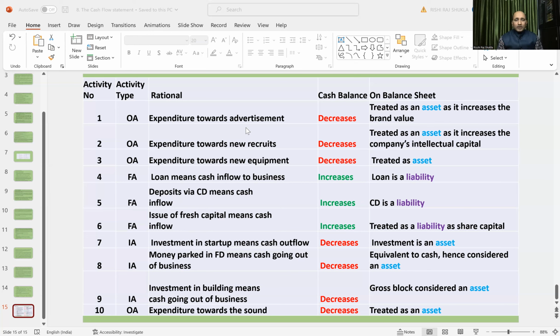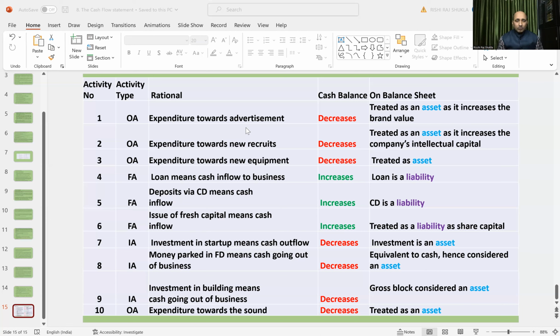Another activity, investment in a startup means cash outflow, so it will decrease cash. And of course, investment is an asset. Money parked in FD means cash going out of the business. So cash balance will be decreased, and it is equivalent to cash, hence considered an asset.